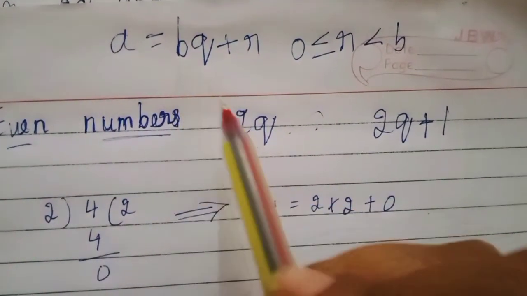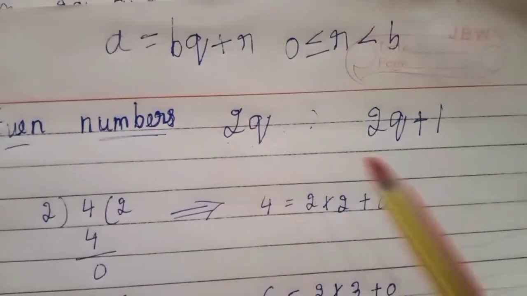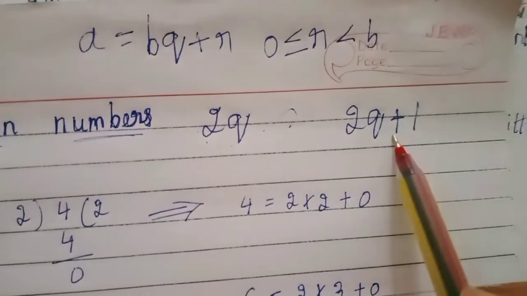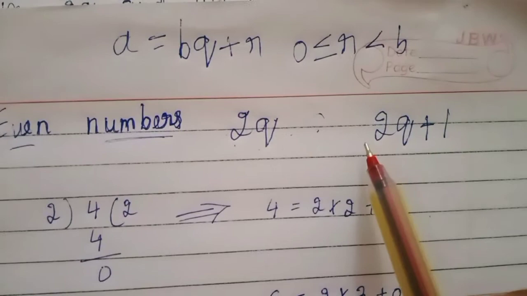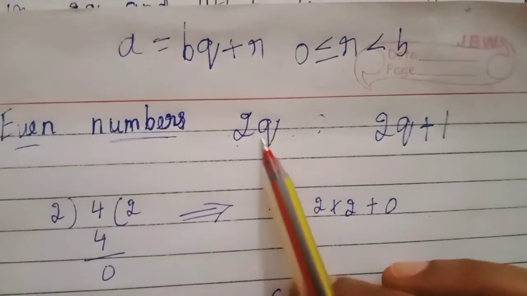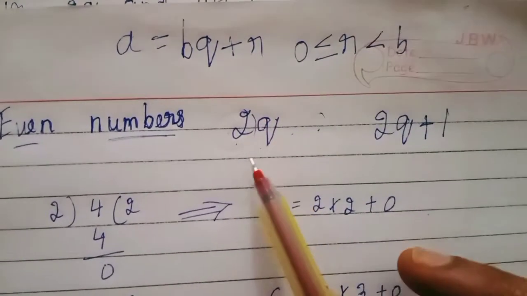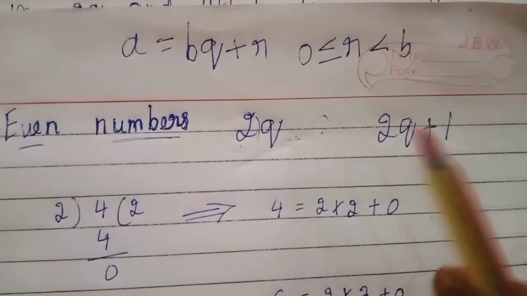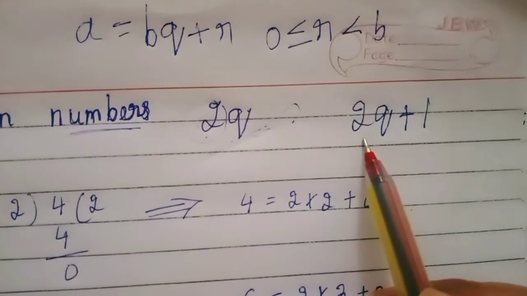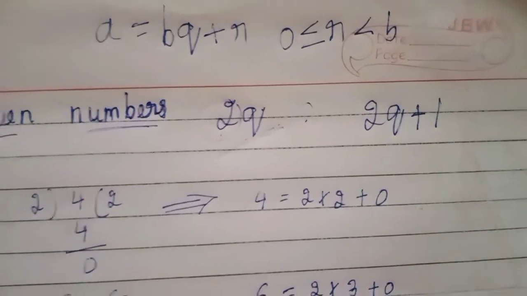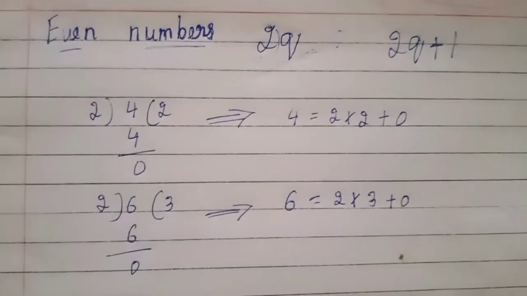You can see in place of b we have 2. So here also bq plus 1. So what is b here? 2. So from this we can understand that any even number, if I divide by 2, will be in the 2q form. And any odd number, if I divide by 2, will be in the form of 2q plus 1. So let me explain with an example.